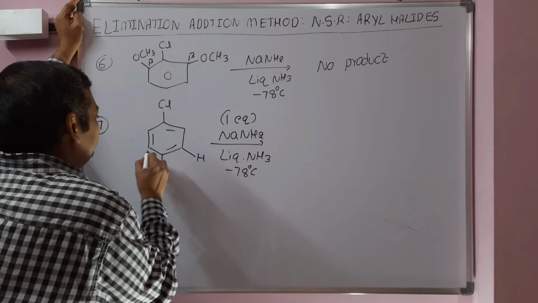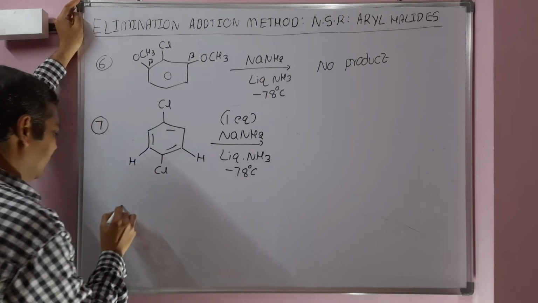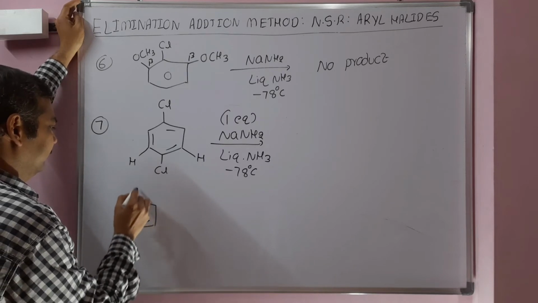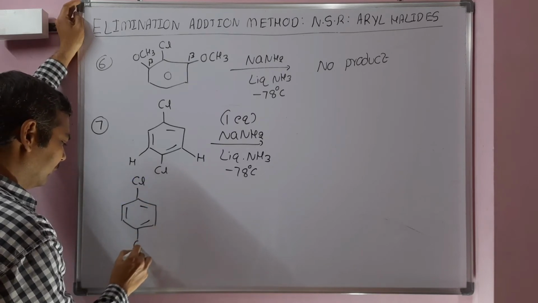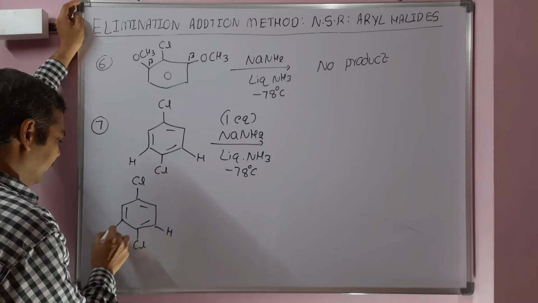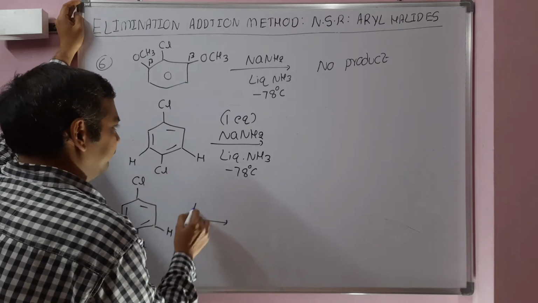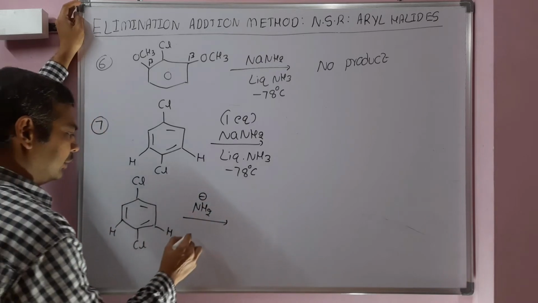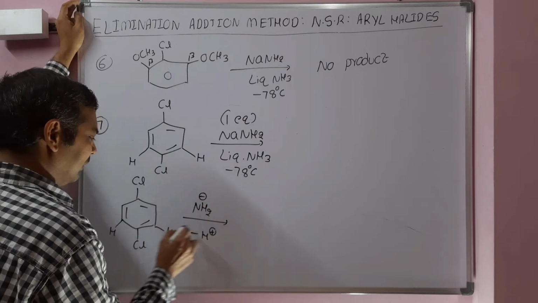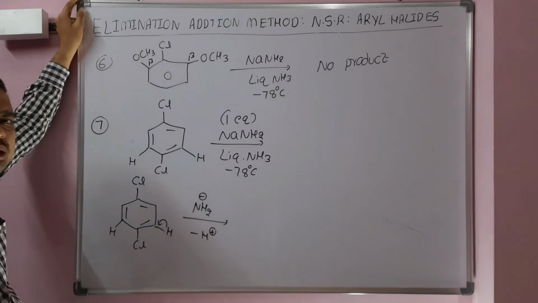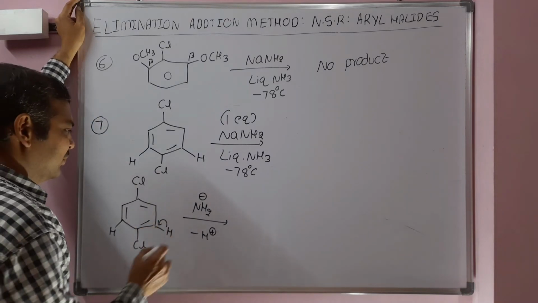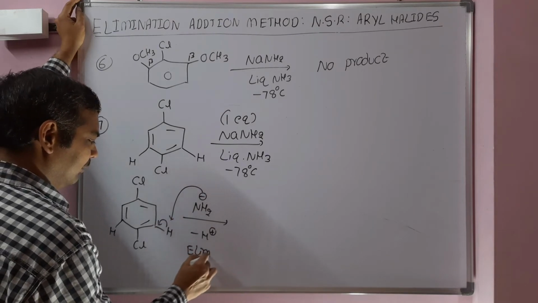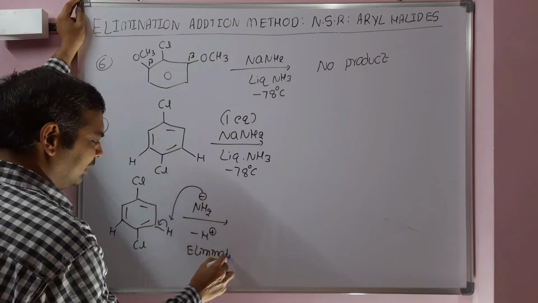Here, two hydrogens are there. In the first step, abstraction of a proton, elimination. NH2 minus will abstract a proton, so minus H plus will be taking place. Here both hydrogens are the same, so NH2 minus will abstract a proton from either of the beta hydrogens; that is elimination.